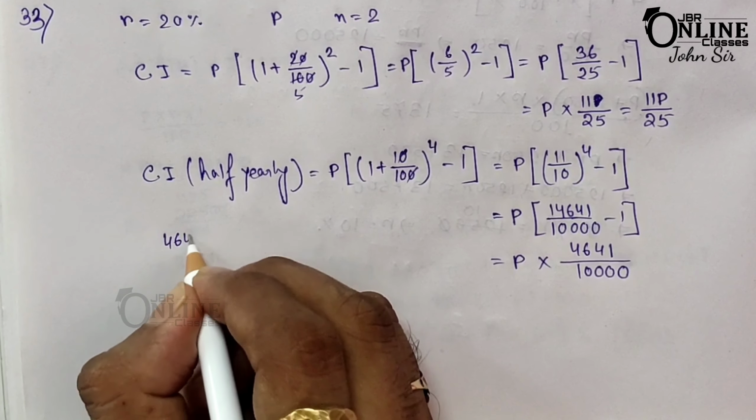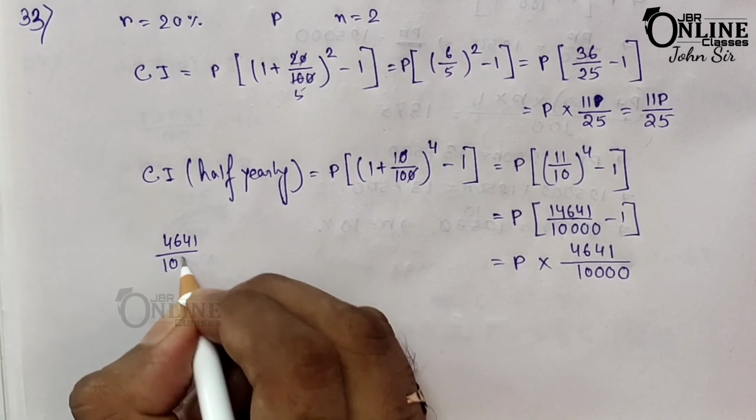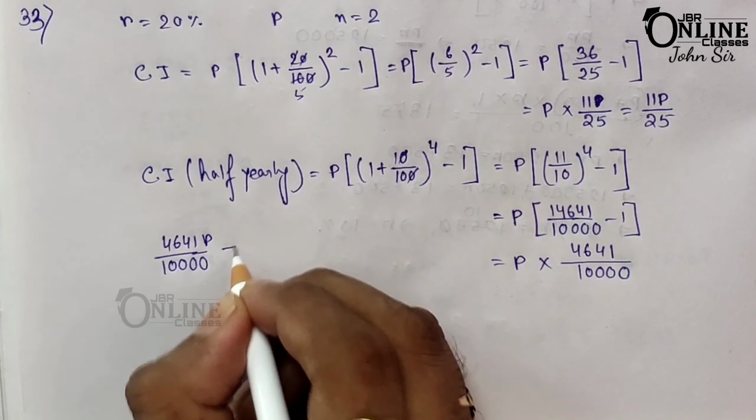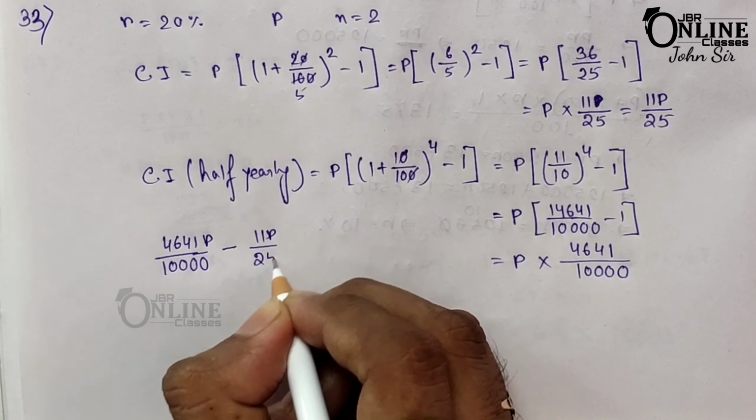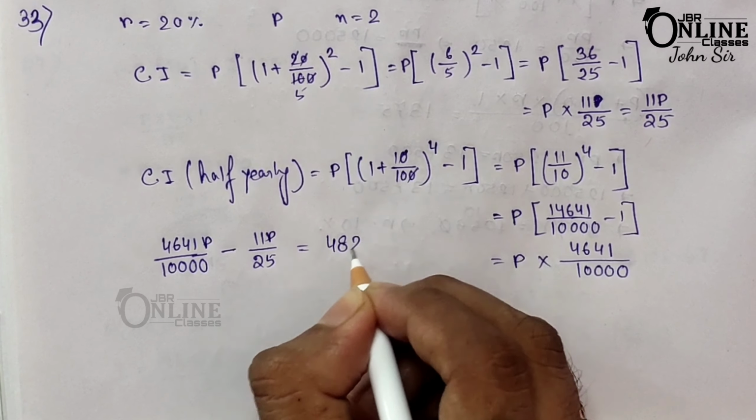So 4641 by 10,000 P minus 11 P by 25, and that equals 482.